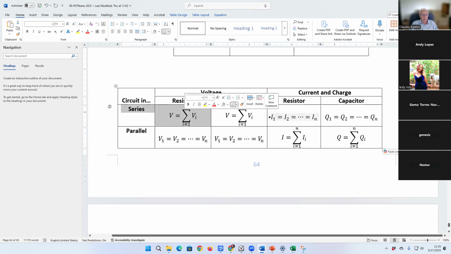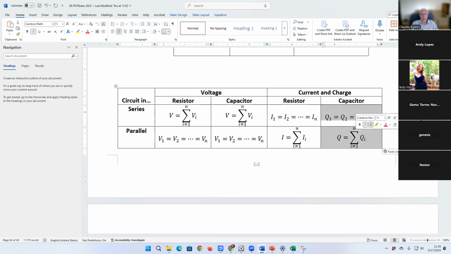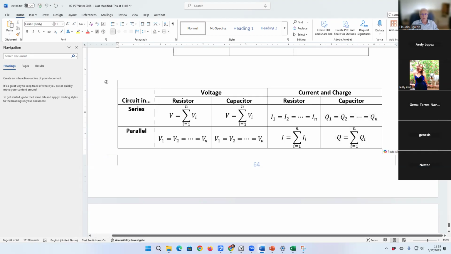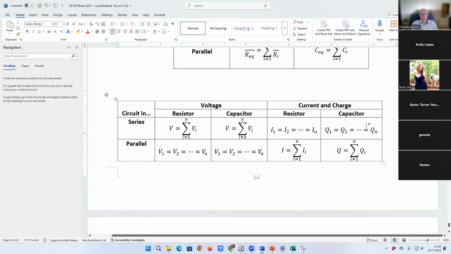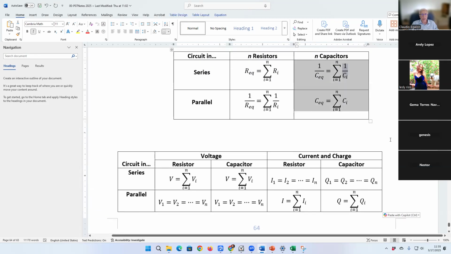Whenever we have resistors in series and capacitors in series, the current is going to be the same through each resistor, and the charge is going to be the same through each capacitor. So that's the starting point to get the result that you see right in here.